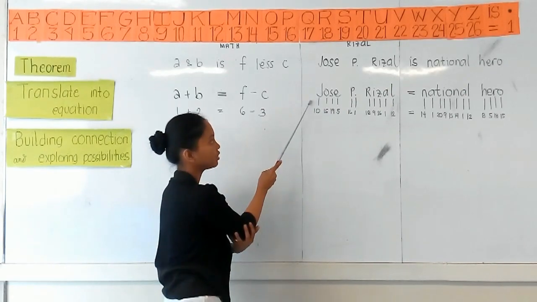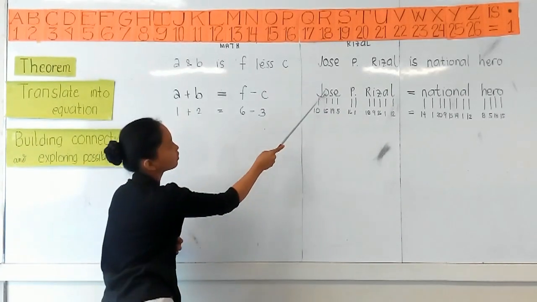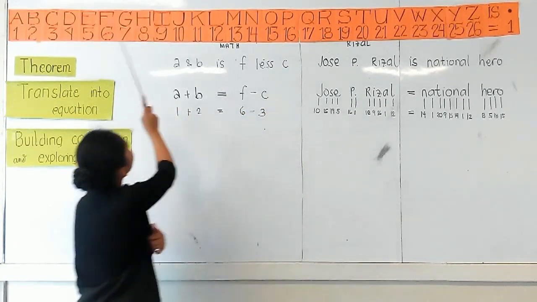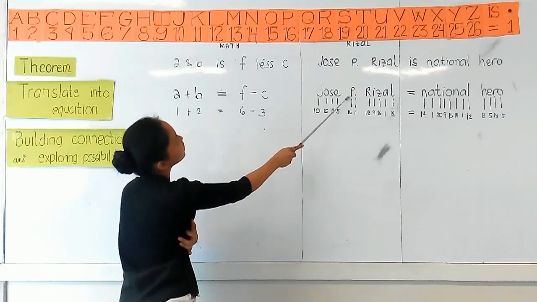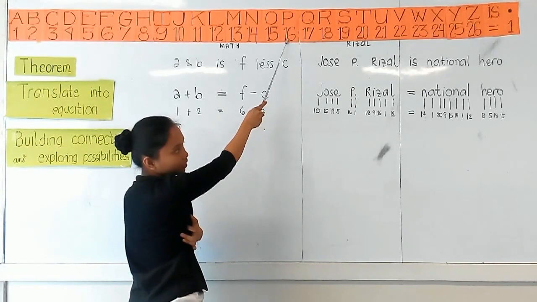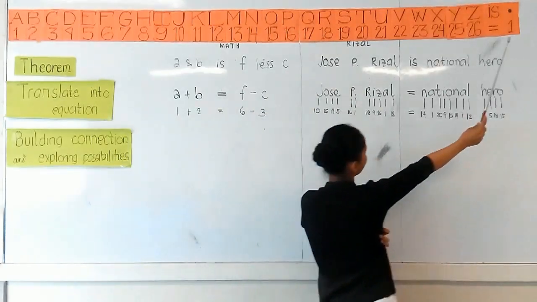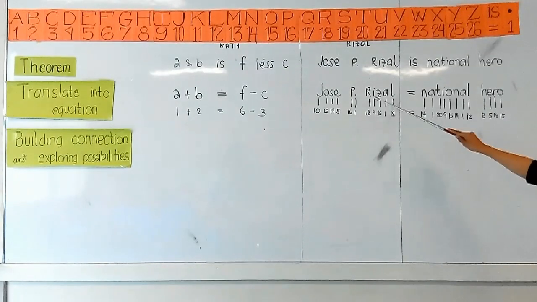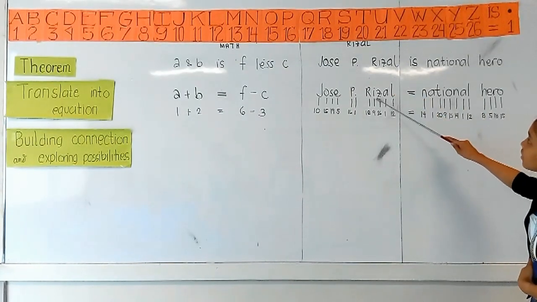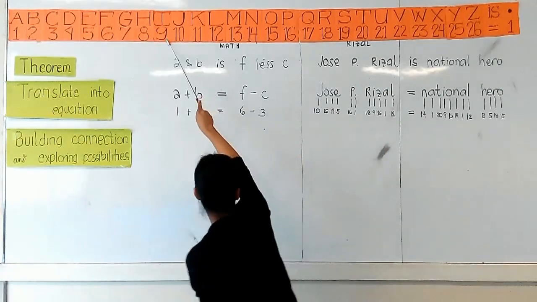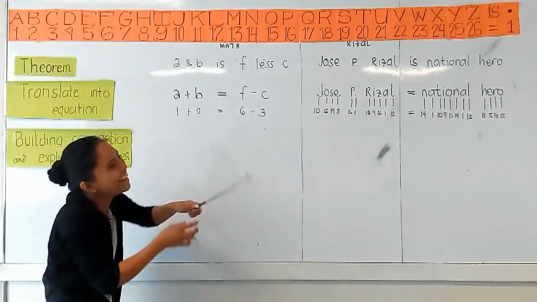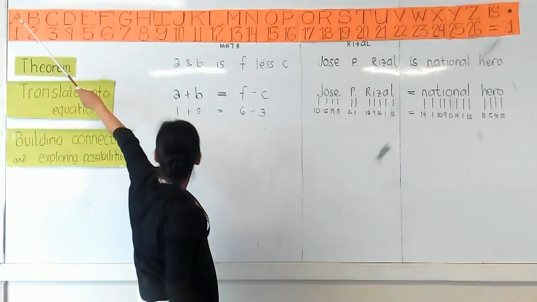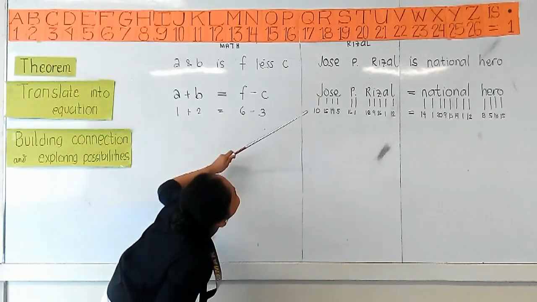So, we have J 10, O 15, S 19, E 5, P 16, point in the middle initial as 1 point, R is equal to 18, I 9, Z is equal to 26, A is equal to 1, then N is equal to 12.